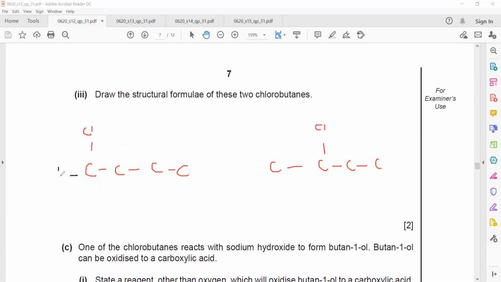If chlorine is attached to the first carbon, this will have 2 hydrogens, 2 hydrogens, and three hydrogens. So 1-chlorobutane and 2-chlorobutane are the two possible structures.